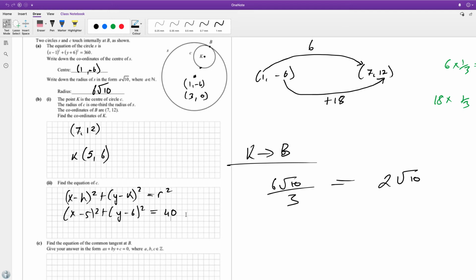Find the slope down here. It's going to be perpendicular because the tangent always hits at 90 degrees to the center, and just use point B, which we know to be 7.